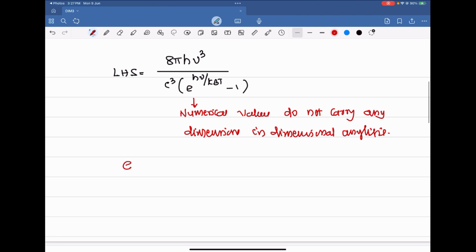Because e to the power of x will not have any value until and unless x is defined with some number. It can be e to the power of i, a complex number, or e to the power of minus infinity to plus infinity, a real number. But e to the power of something should be a number.